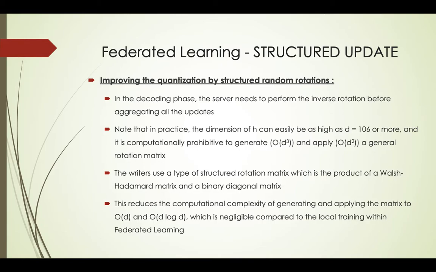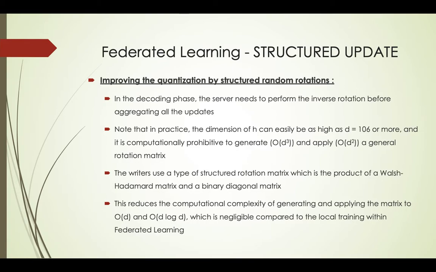Note that in practice, the dimension of H can easily be as high as d equals 10^6 or more, and it is computationally prohibitive to generate O(d^3) and apply O(d^2) a general rotation matrix.